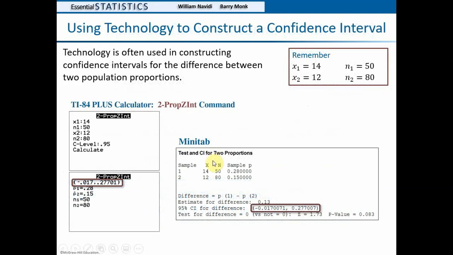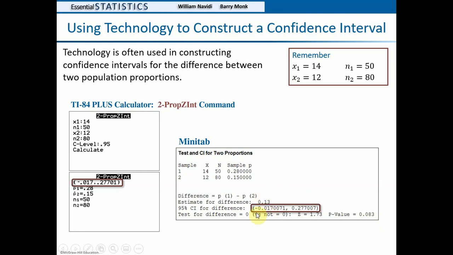It's the same thing. So it gives us, here's the estimate, is the P1 hat minus P2 hat. There's our 95% confidence interval. Test for difference equal to 0 versus not equal to 0. Z is equal to 1.73, and again, the p-value for this would be 0.083.